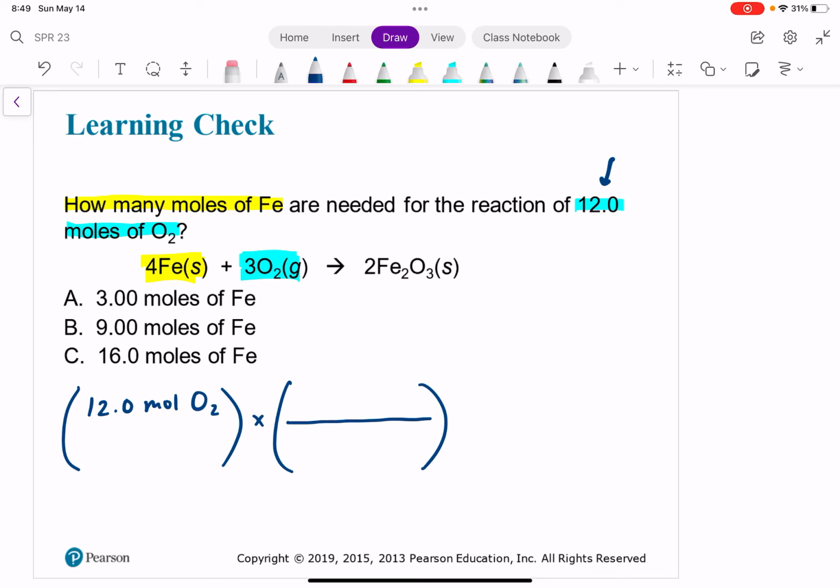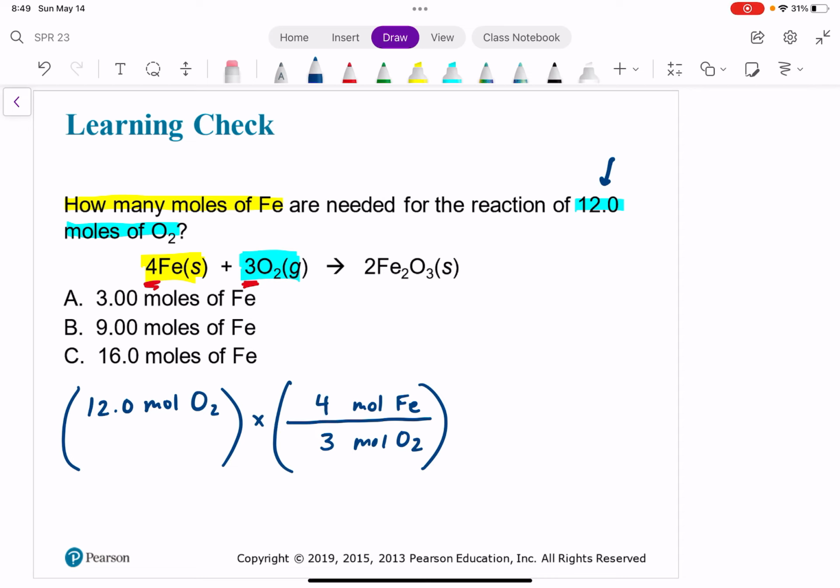Okay, so moles of oxygen is going to go on the bottom, right? How many moles of oxygen? Yeah, 3. How did I get 3? I got it from our coefficient. Okay. And now how many moles of Fe react with 3 moles of oxygen? Yeah, 4.